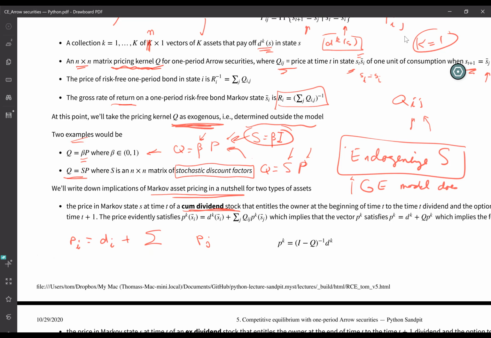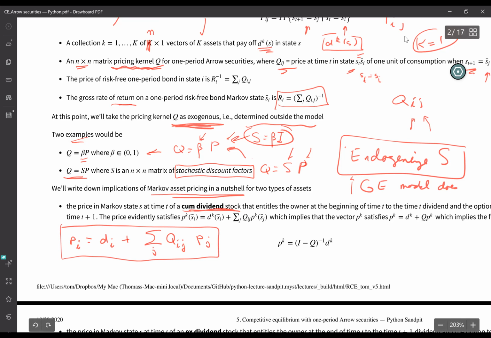I'm in state I today, so I multiply by my pricing kernel and sum over J. This holds for I equals 1 through n.